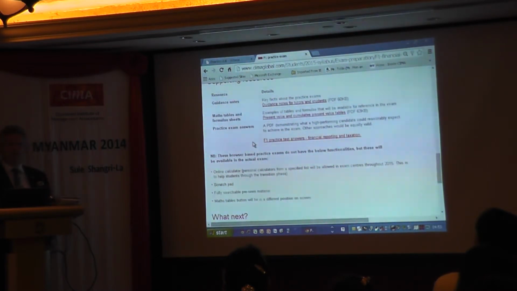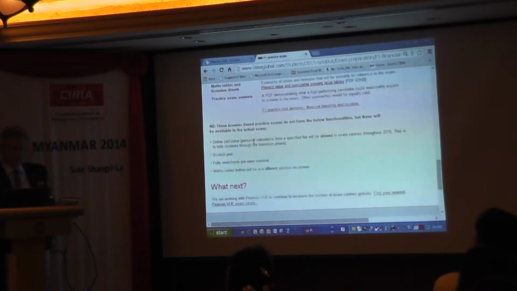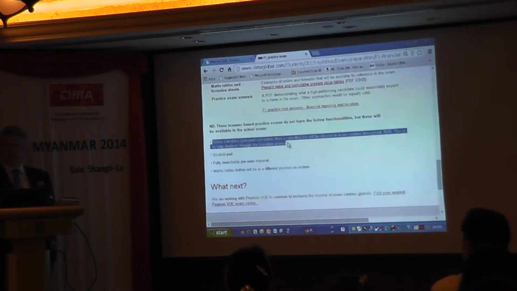One of the features of the exam, I'll talk about it later. There's a bit of a disclaimer in here which we'll talk about. There are some functions that students are going to have in their exam which we haven't got on the practice test. I'm not quite sure what the reasons are, they must be technical, so I haven't asked because I don't like asking technical questions because I don't understand the answers.